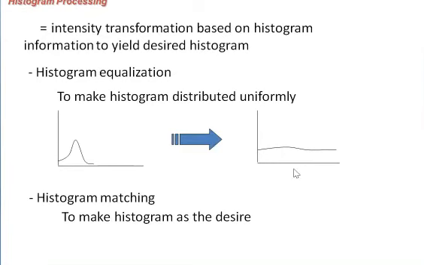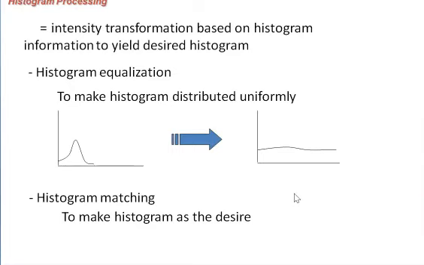So if the graph is like this, you should convert this graph from this mode to this mode. In such a case, that is said to be histogram equalization. So histogram equalization is one.